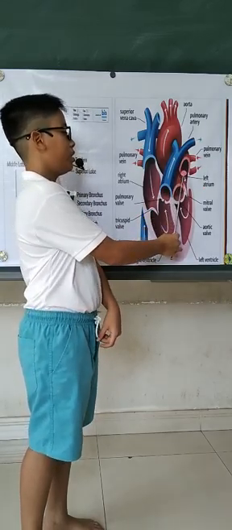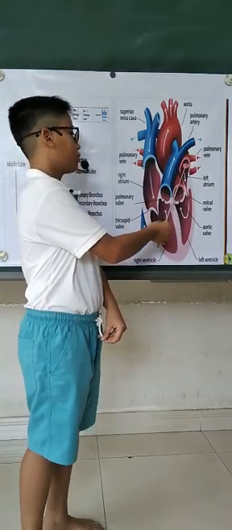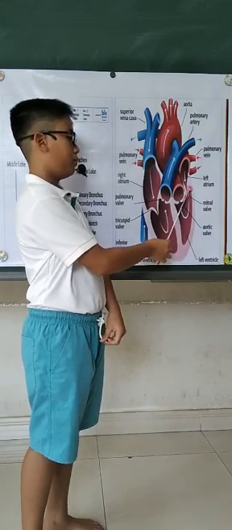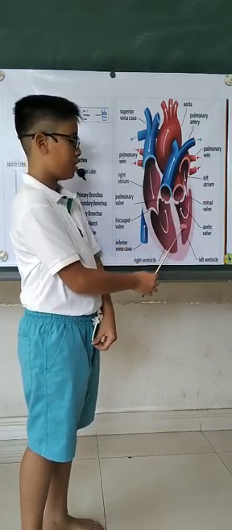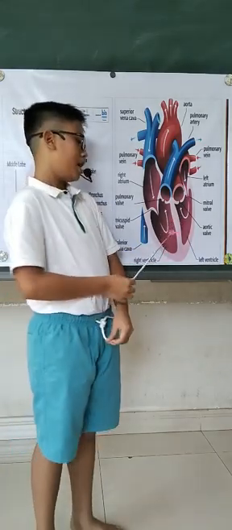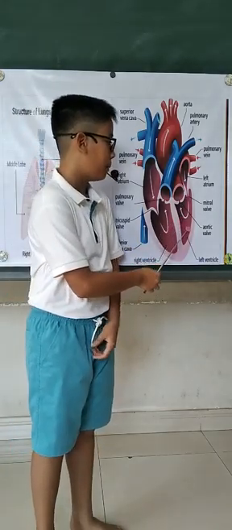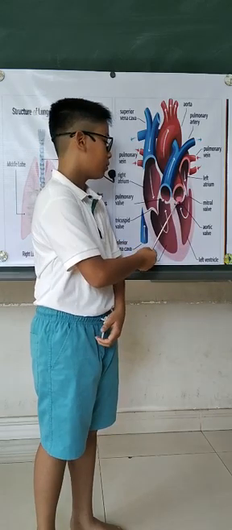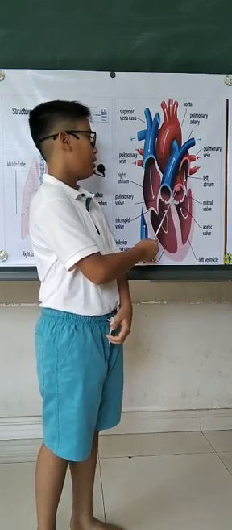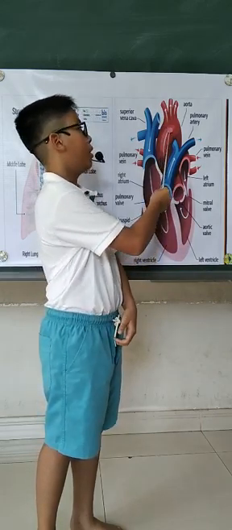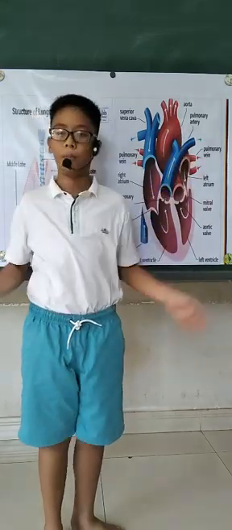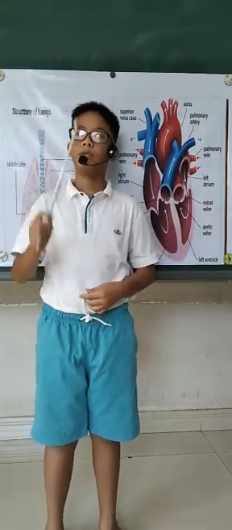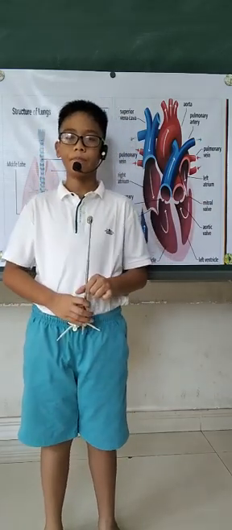Then the oxygenated blood travels through the mitral valve, this little part, and enters the left ventricle. Then the left ventricle will pump the blood through the aortic valve, and then the aorta will pump this oxygenated blood throughout your body, from your head to your toes.